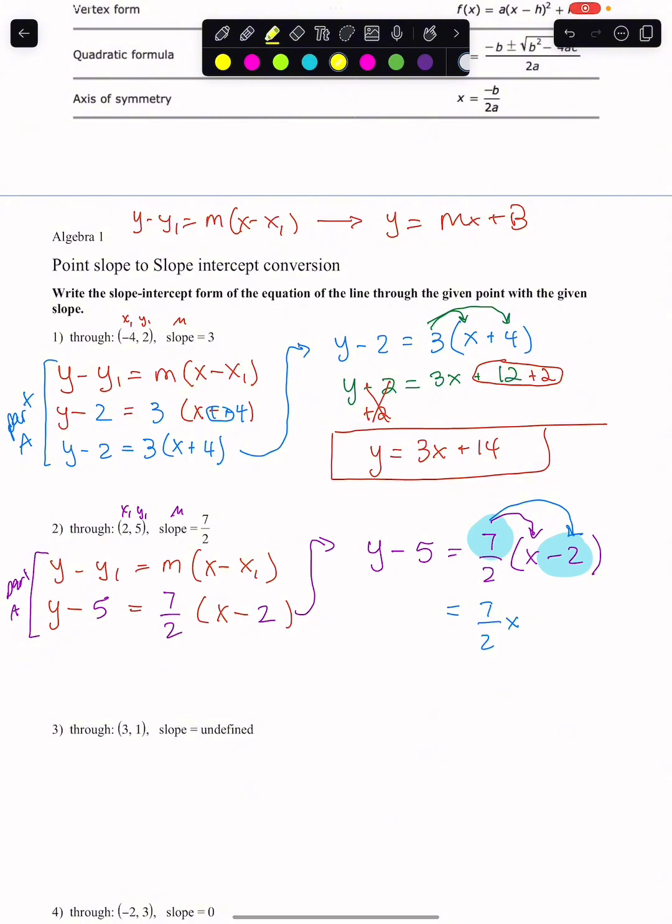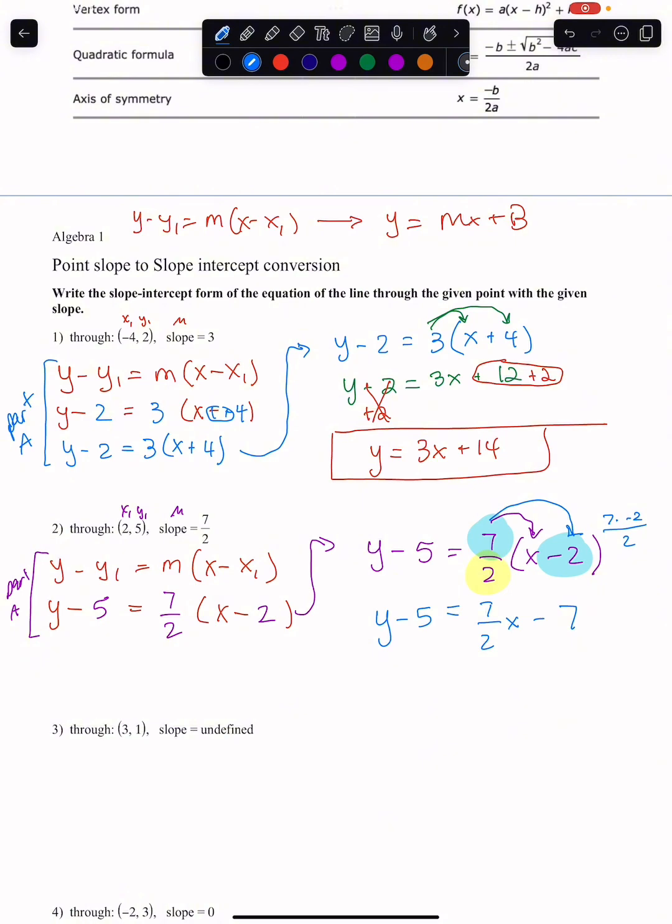Then you divide it by the denominator. So you multiply the two numbers, and then you divide by the denominator. 7 times negative 2 is negative 14. Negative 14 divided by 2 is negative 7. And you still got this y minus 5 over here.